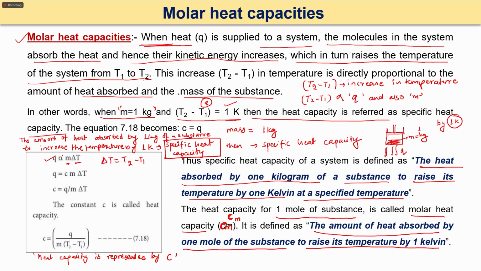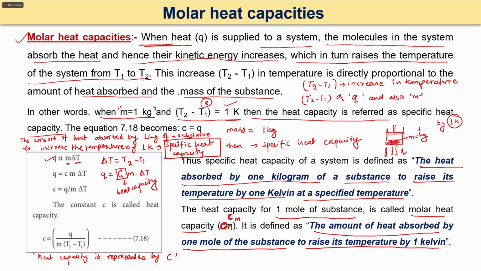If we have to remove this proportionality sign, then we will put a constant. So then Q will become equal to constant C into M into delta T, which is nothing but T2 minus T1. Here this constant C, what we call heat capacity.